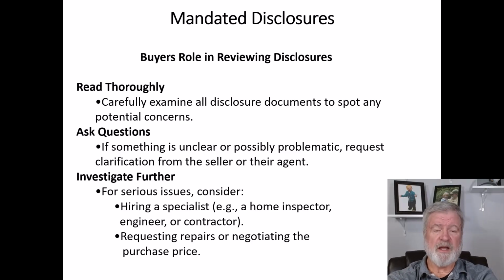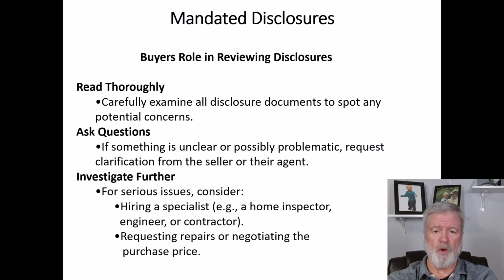Could there be lead paint in the house and the seller have no knowledge? Yes. In fact, more than likely. Could there be defects with the house and the seller have no knowledge of it, at least at that time? Absolutely.